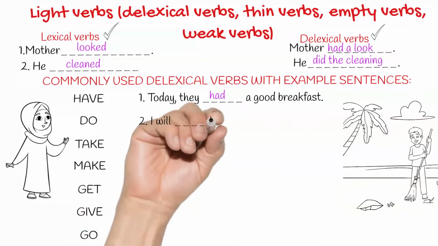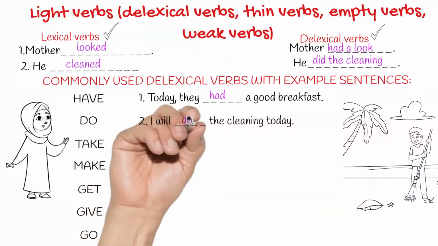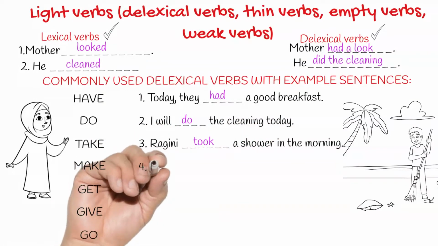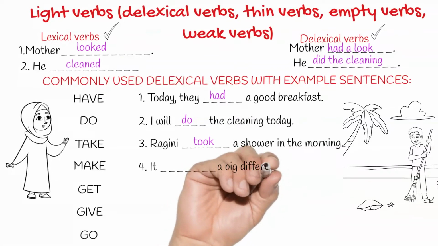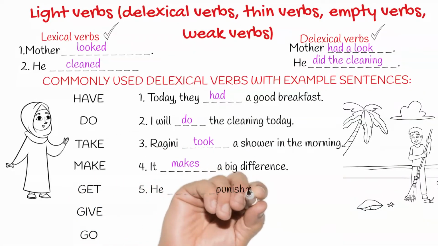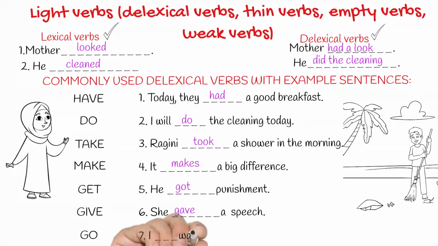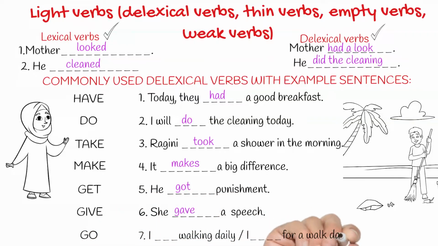I will do the cleaning today. Ragini took a shower in the morning. It makes a big difference. He got punishment. She gave a speech. I go walking daily in the morning. I go for a walk daily in the morning.